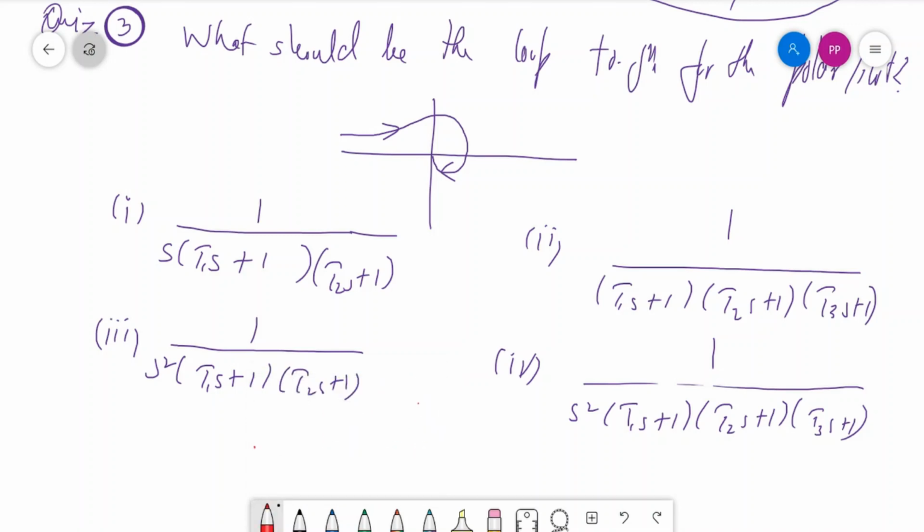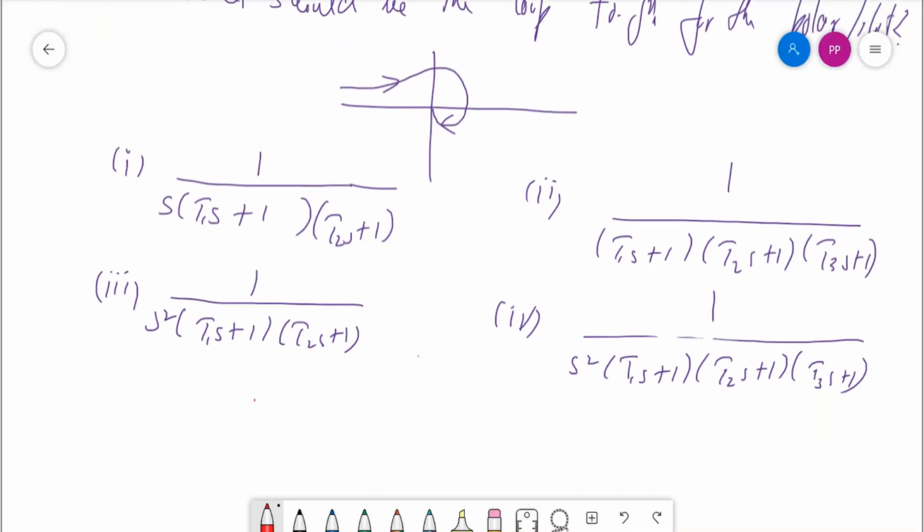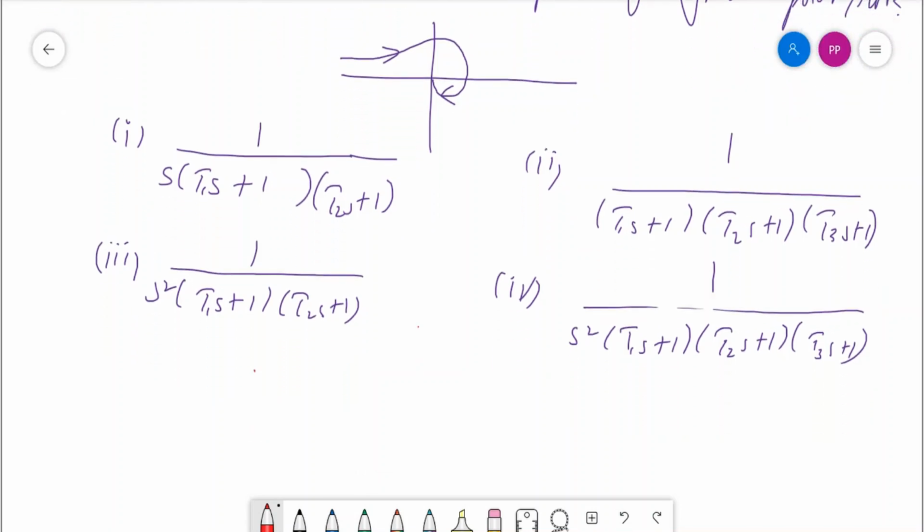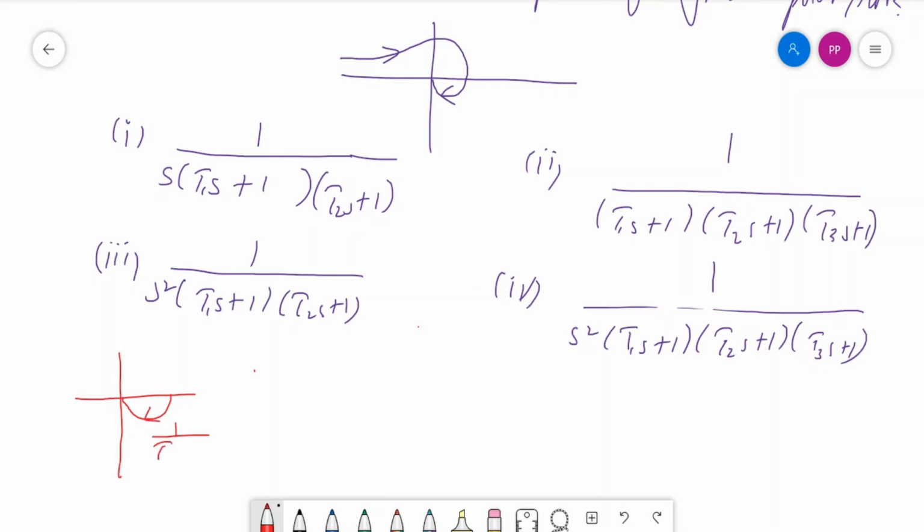So let us start with the example of, say, this is the polar plot of a function. So we understand that this is 1 by tau s plus 1.